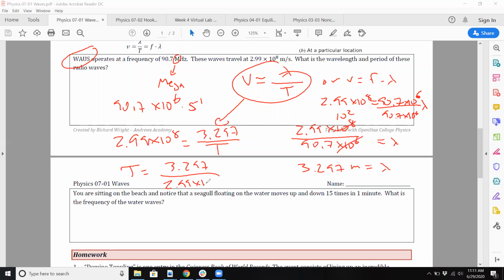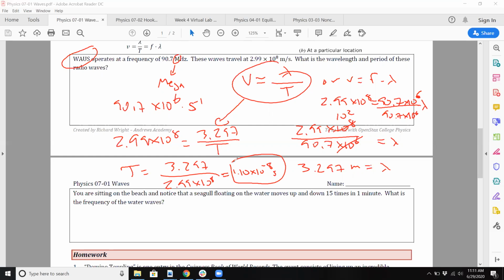It's going to be super, super small, because it's happening very quickly. So it's 1.10 times 10 to the -8 seconds. And again, just use a calculator for that one. So that's that example.